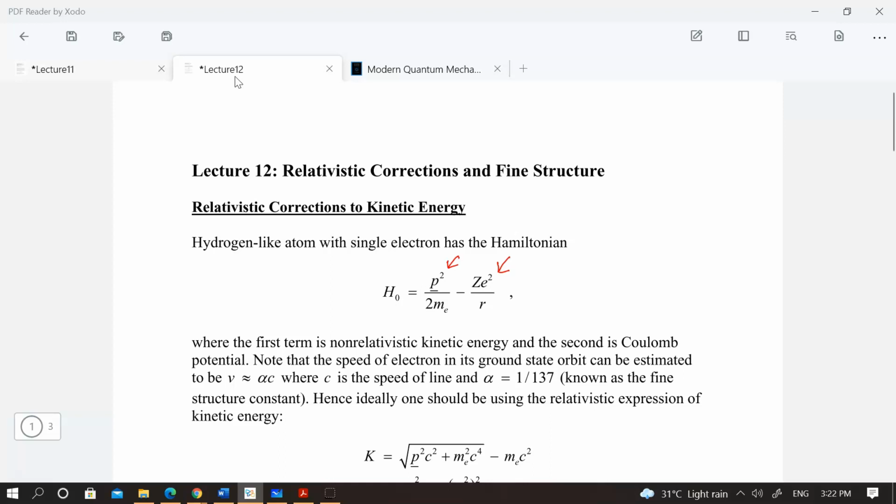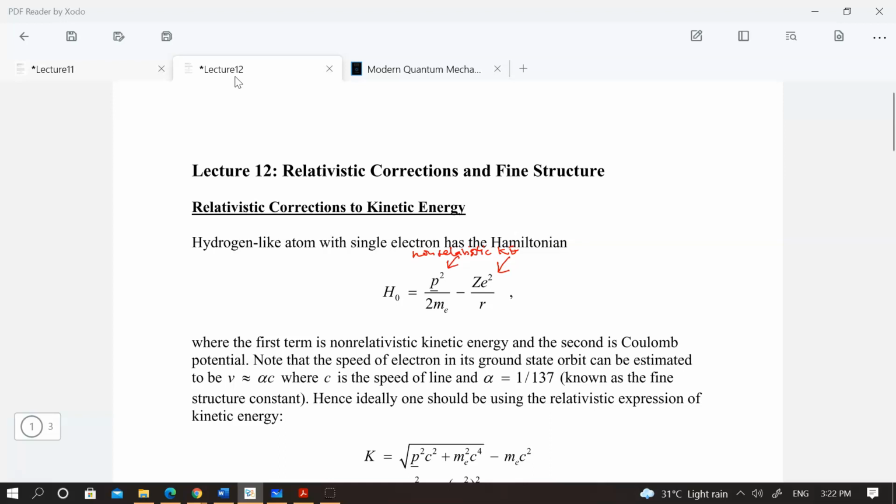Because if it is, then one should be using, instead of the non-relativistic kinetic energy, the relativistic effect.